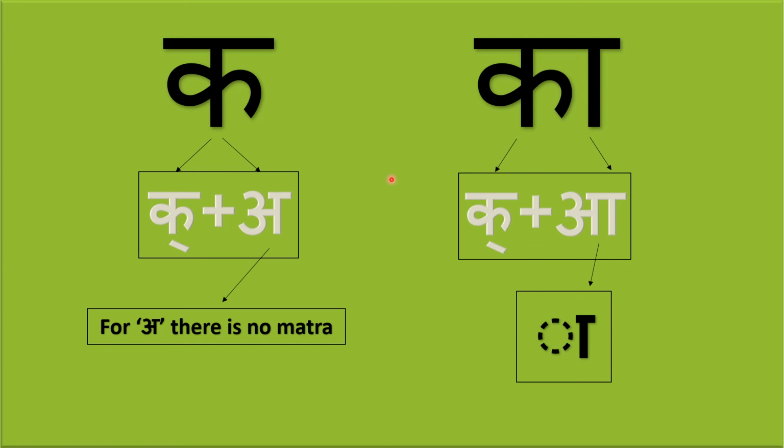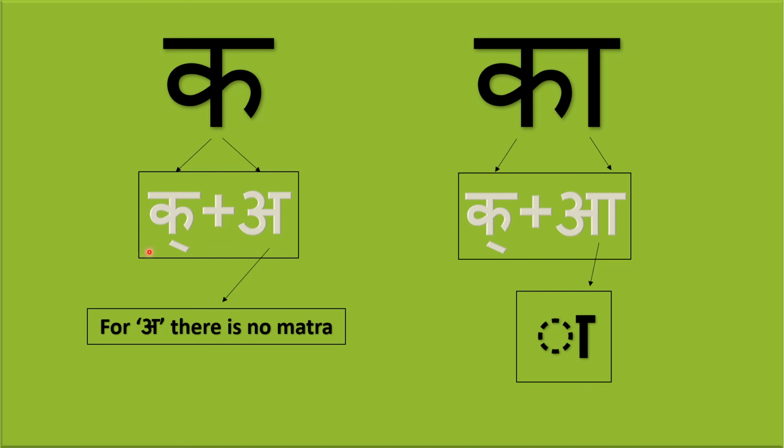Now I will teach you how vowels are changing consonant sound. You can see here ka. If we want to separate a from the ka, then we have to write ka like this way, because all the consonants have a sound, and without any a sound, consonants are incomplete.